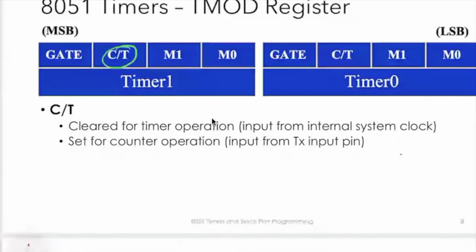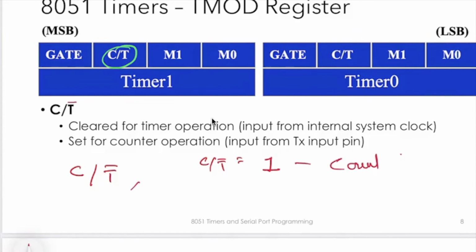When I say it is a counter, it will be counting the external pulses. So this is basically C slash T bar. If this C slash T bar is 1, it is a counter, or if this is 0, it is a timer.